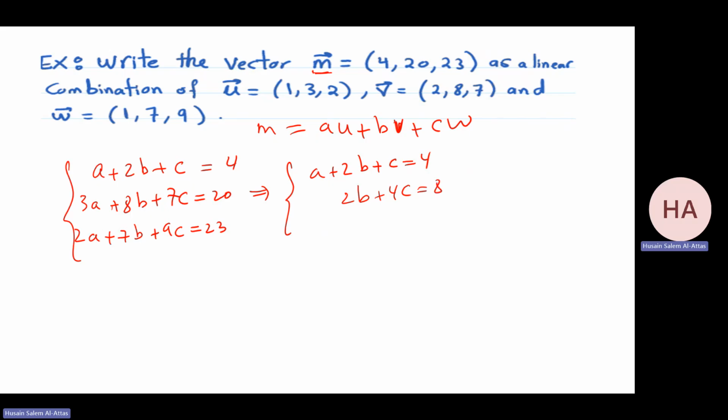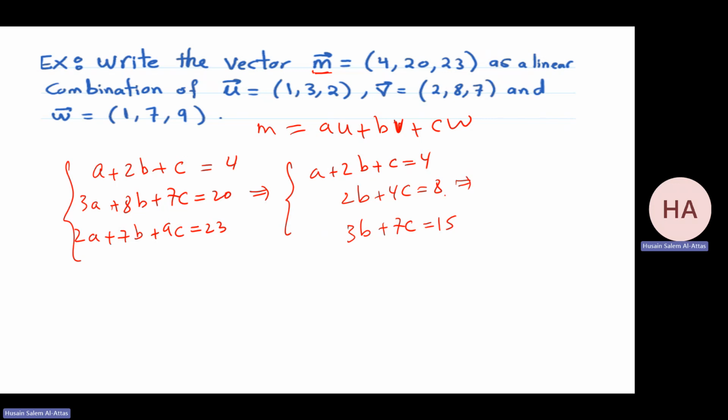Now we get rid of 2A, multiply by minus 2 and add, that will be 0, 3B, 7C, and 15. Correct? Minus 8 plus 23 is 15.